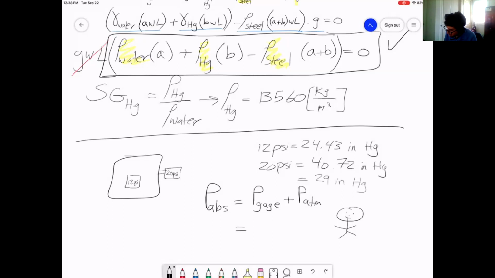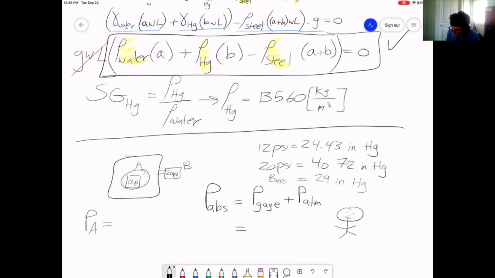And what's the problem asking us to find? The absolute pressure measured by A in inches of mercury. Okay, great. So A is this pressure gauge, and this is B. So we want to find the absolute pressure at A. What's the formula for absolute pressure?